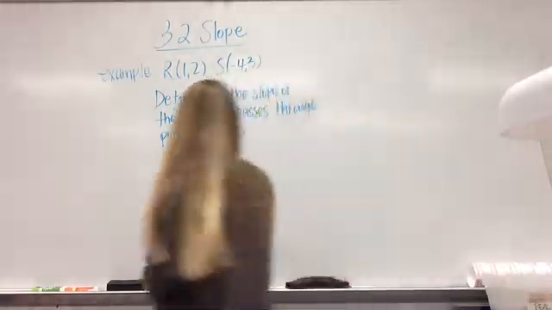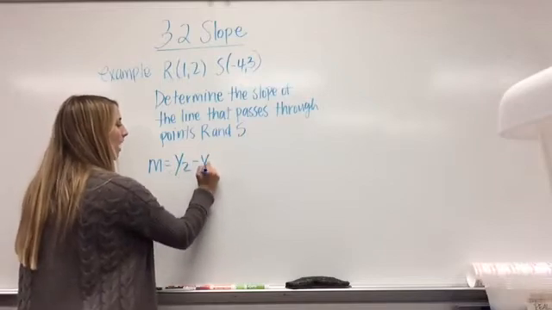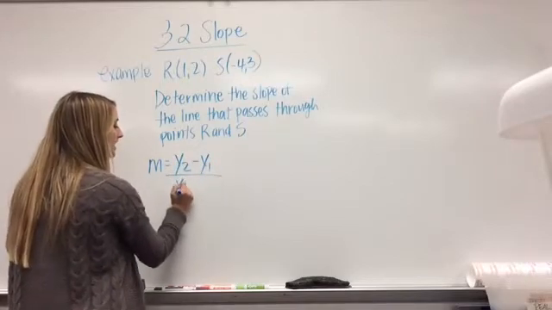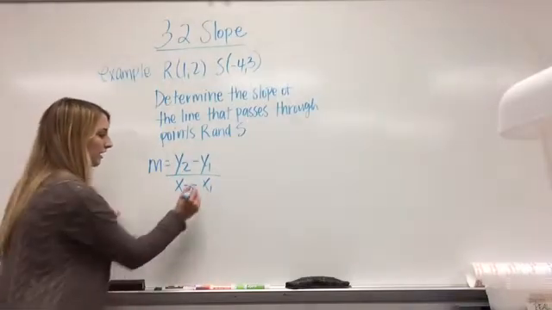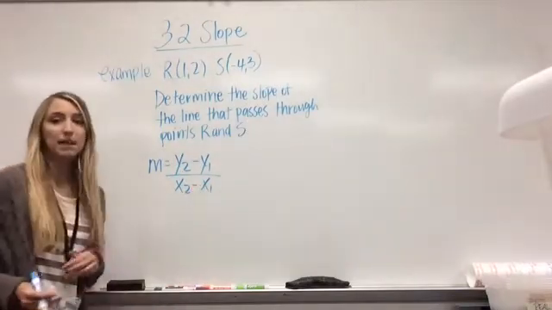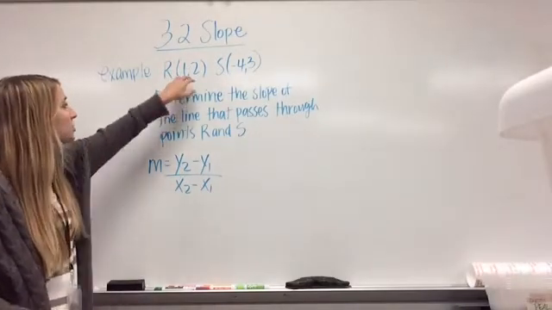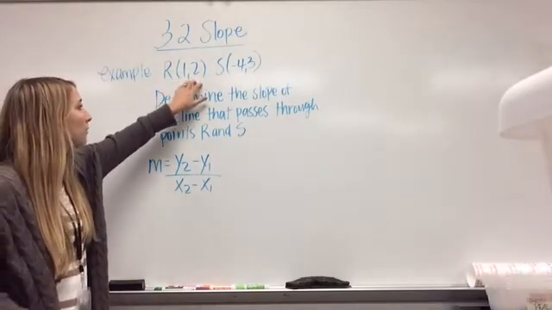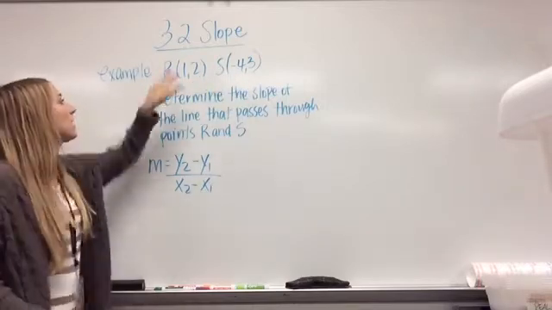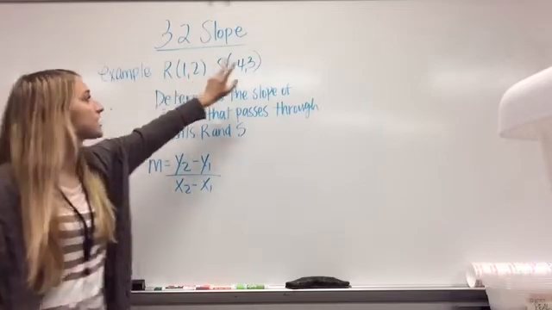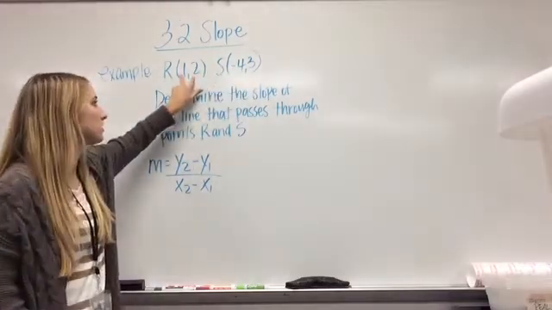Again, that's m equals y2 minus y1 over x2 minus x1. Keep in mind that it doesn't matter which 2 points I choose for x1, y1 and x2, y2, as long as these two are both 1s and these two are both 2s.